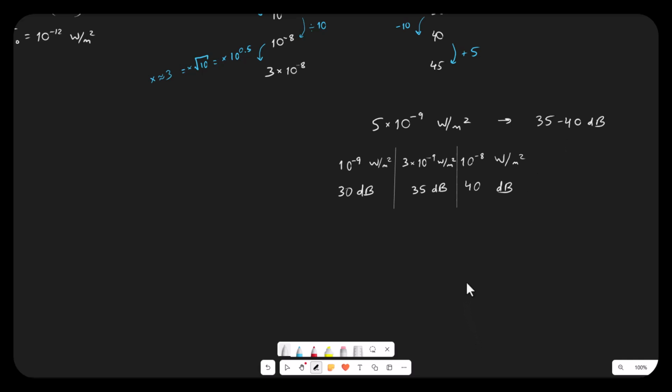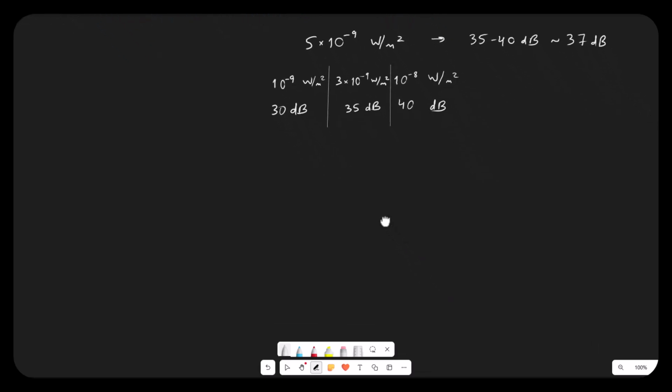And it may well be something like 37 decibels. It's not super precise in the sense of giving you decimal places or anything like that, but it is giving you a range of answers that, if you are doing a multiple choice test, will get you close enough to be able to tell which is correct.